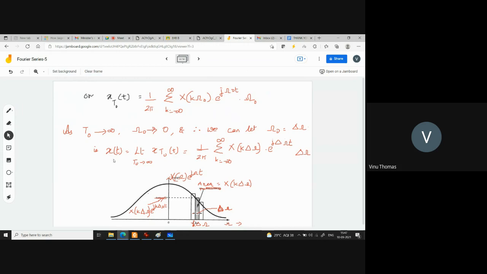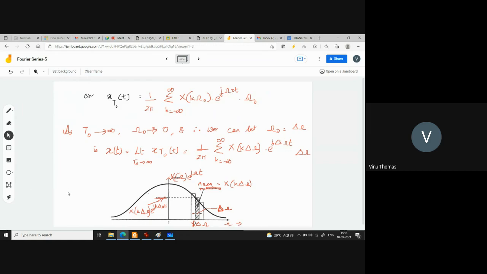So x of t is equal to the limit as T0 tends to infinity of x T0 of t, which can be written as 1 by 2 pi sigma over k equal to minus infinity to plus infinity X of k delta omega e raised to j k delta omega t into delta omega. So omega 0 becomes delta omega, and k omega 0 becomes k delta omega.